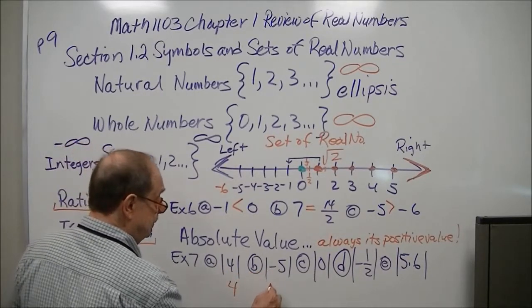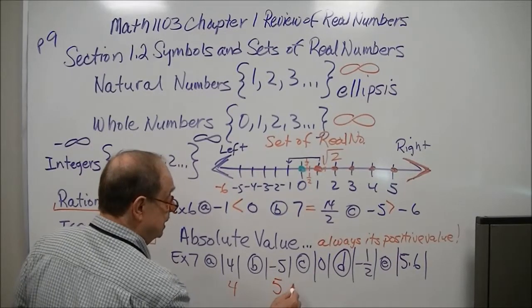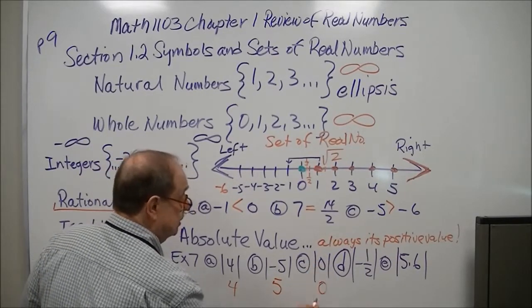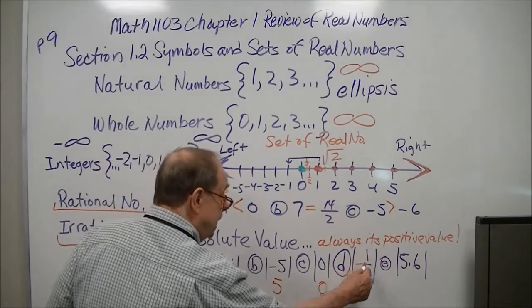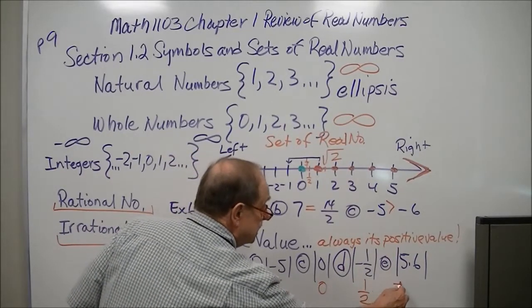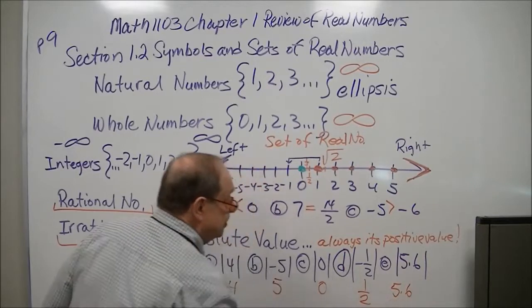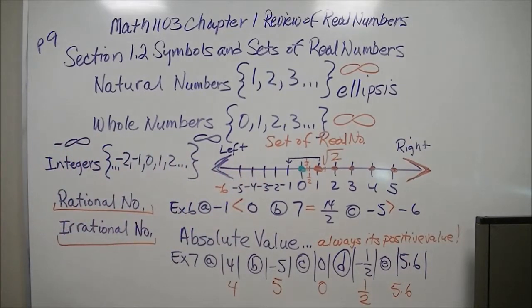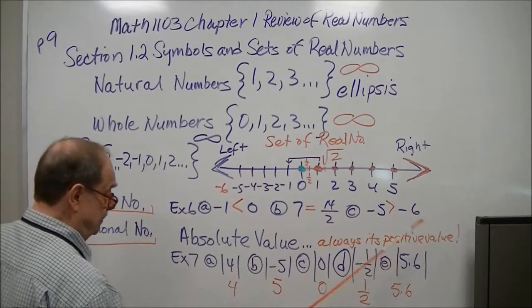Absolute value of -5 is 5. And 0 is just 0. -1/2 is 1/2. And a 5.6 is 5.6. Absolute values are always its positive value.